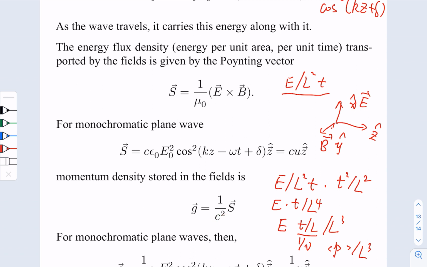So you see that both the energy flux density and the momentum density are proportional to the Poynting vector S. That's because the dispersion relationship of light is different from a mass particle.